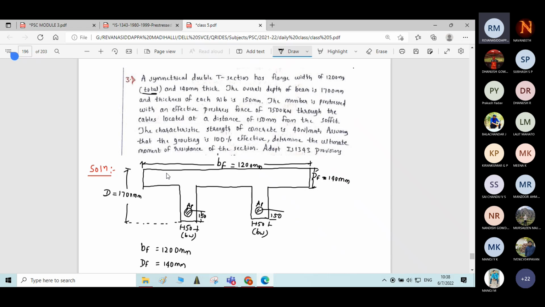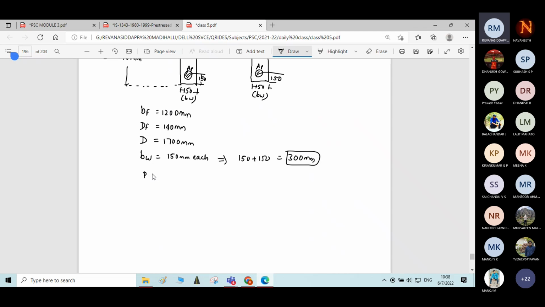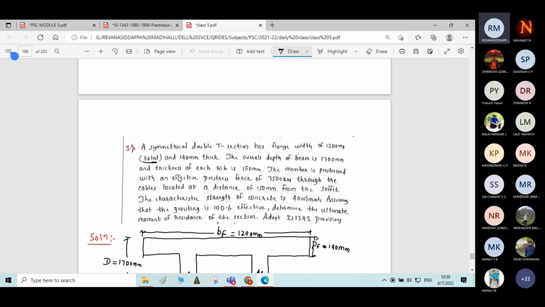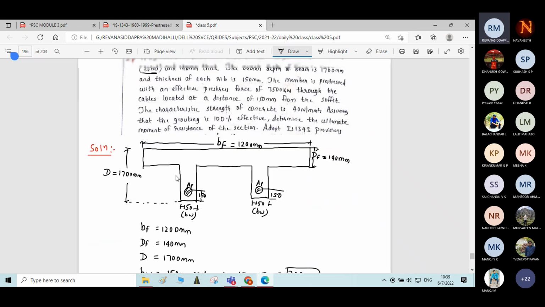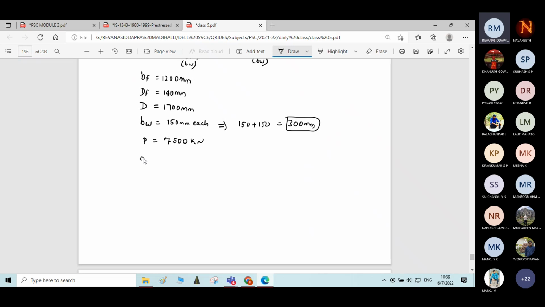The member is prestressed with an effective prestressing force P given. P is equal to 7,500 kilonewton, through the cables located at a distance of 150 mm from the soffit. You can calculate the effective depth now.